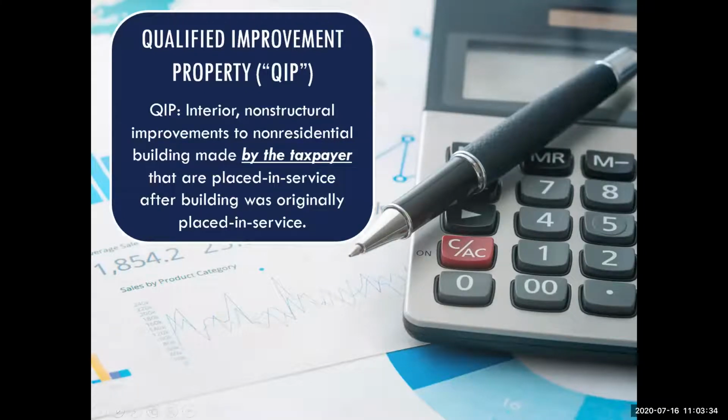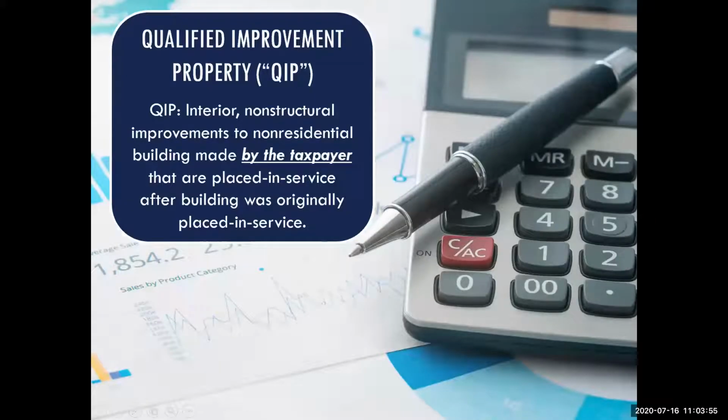It's something that's interior, it's non-structural, it's a non-residential building, it's made by the taxpayer, and it's placed in service after the building was placed in service. All of those words are important to note in figuring out what qualifies.